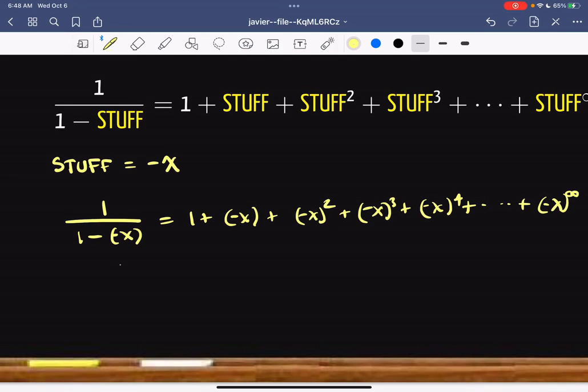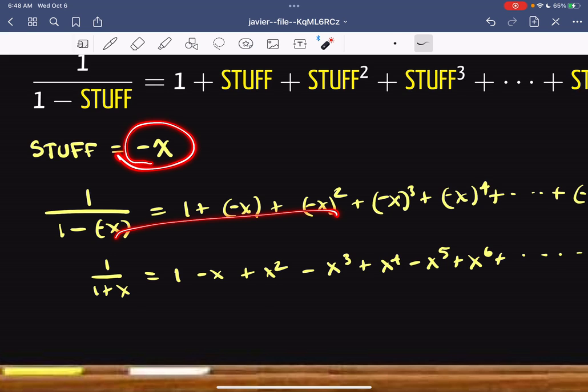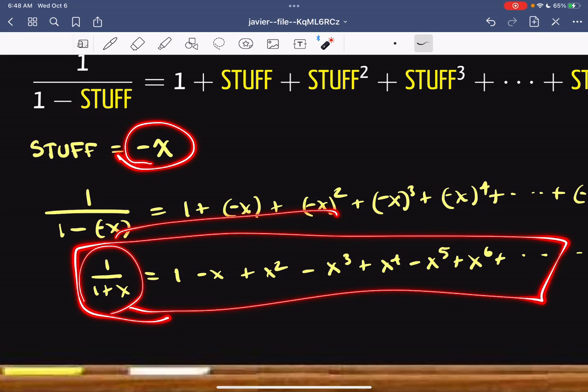Now we could clean it up, and this would be 1 over 1 plus x, and that would be equal to 1 minus x plus x squared minus x to the third plus x to the fourth minus x to the 5th plus x to the 6th, and on and on. And so lo and behold, by just making this simple little cute substitution, we get a brand new expansion of a brand new rational function, the one with a plus instead of the minus.